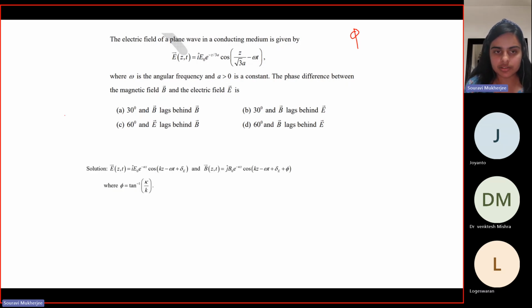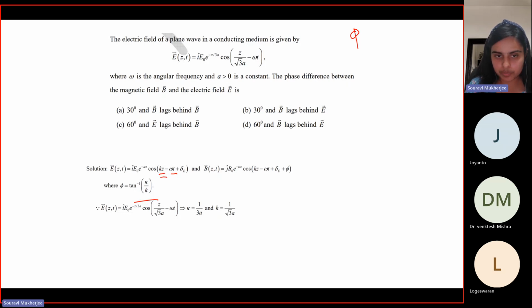First, let us look at the expression of the electric field. And this is the expression of the magnetic field. And this should be your phi. If you compare, you would have a time part and a position dependent part.